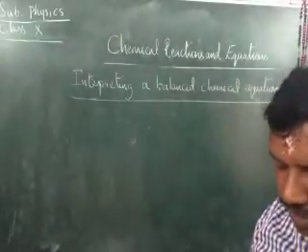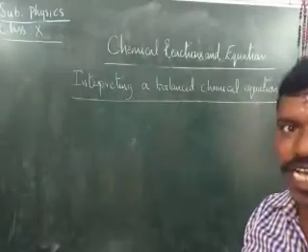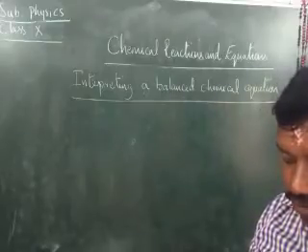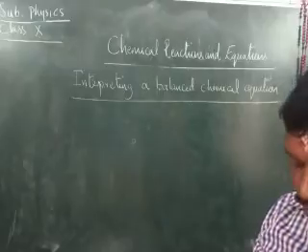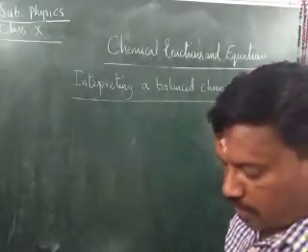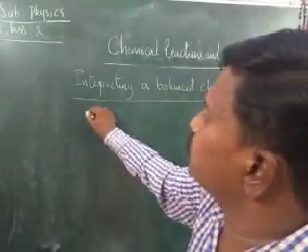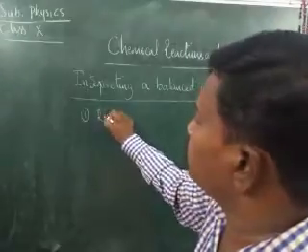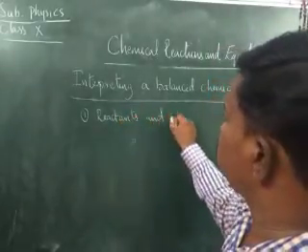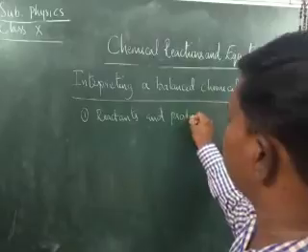A chemical equation gives information about the reactants as well as the products. It gives the ratio of molecules of reactants and products. First, it gives information of reactants and products.